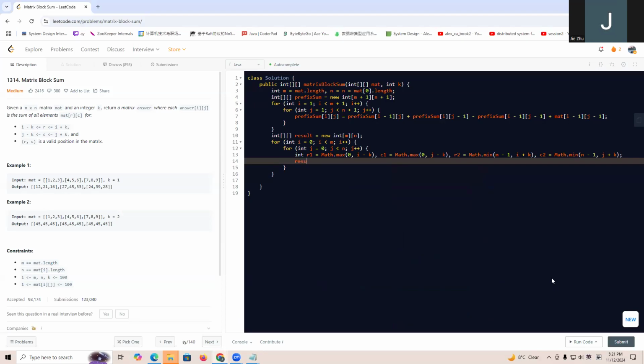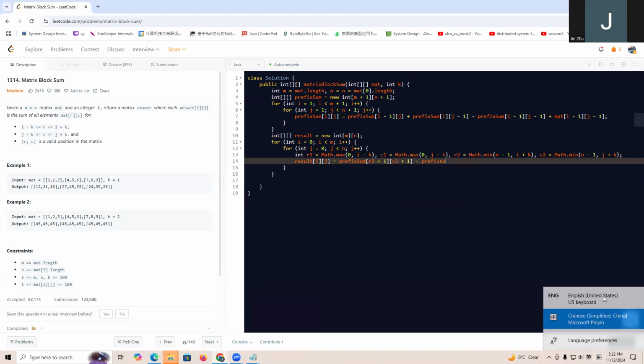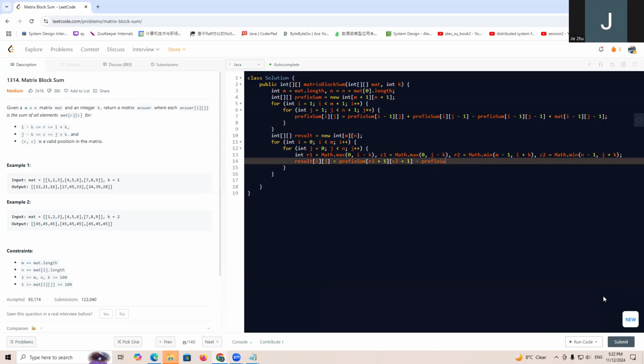So every result i j will be prefix sum R2 plus 1, C2 plus 1, minus prefix sum R1 and C2 plus 1, and minus prefix sum R2 plus 1 and C1.